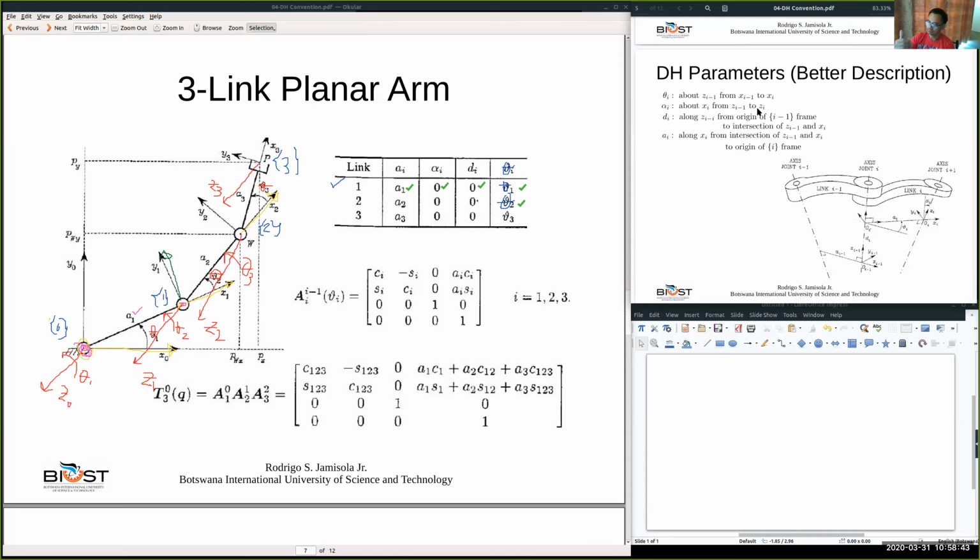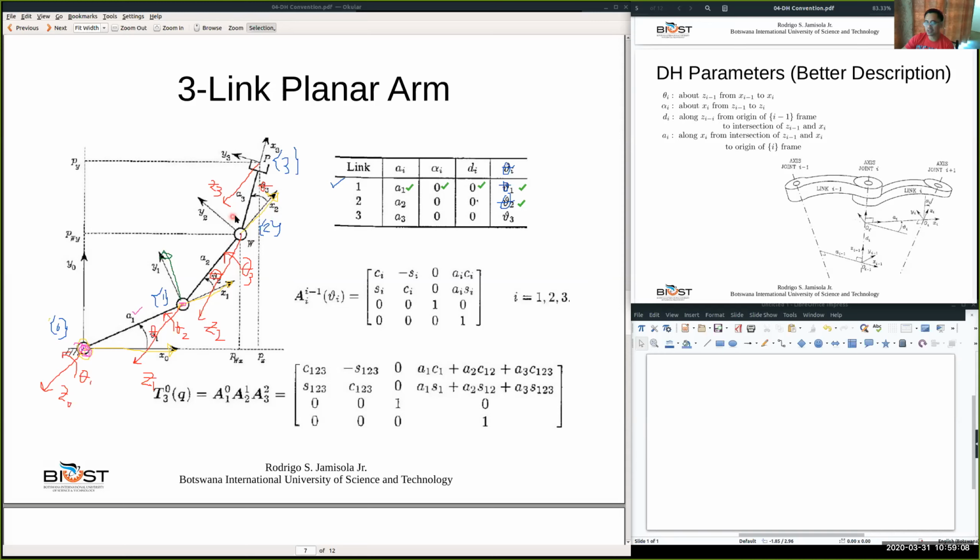Excuse me. So where is your Z1? This is your X2. I'm afraid that the recording cannot see the mouse. So here, this is your X2. About X2, from Z1 to Z2.